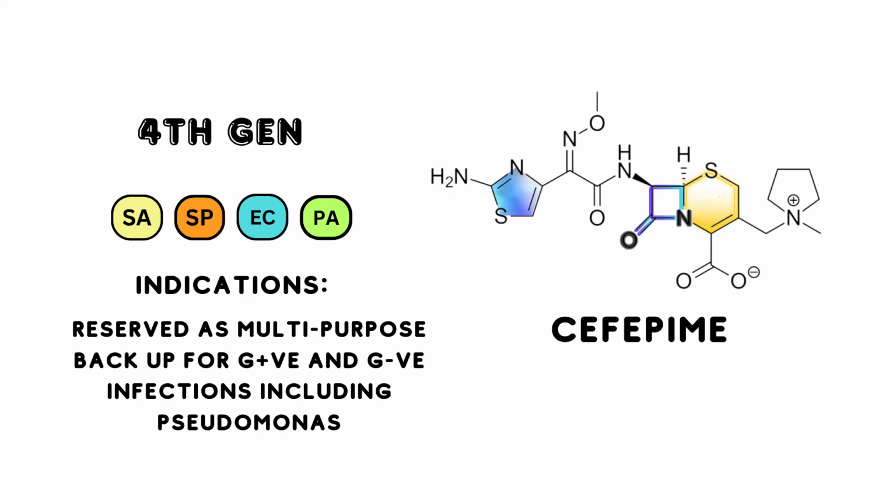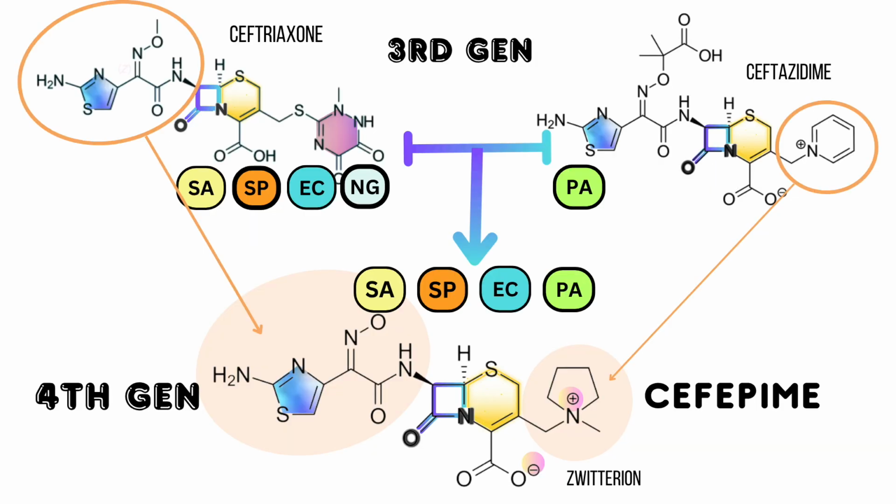So now we're at the fourth generation, and the main representative here is cefepime. Cefepime has the same left side chain as ceftriaxone and cefotaxime, and a similar right side chain as ceftazidime, where there's a Zwitter ion. So, cefepime has a broad spectrum of activity that is a combination of both, able to cover the gram-positives as well as the gram-negatives, including Pseudomonas, and can be described as a big gun antibiotic.